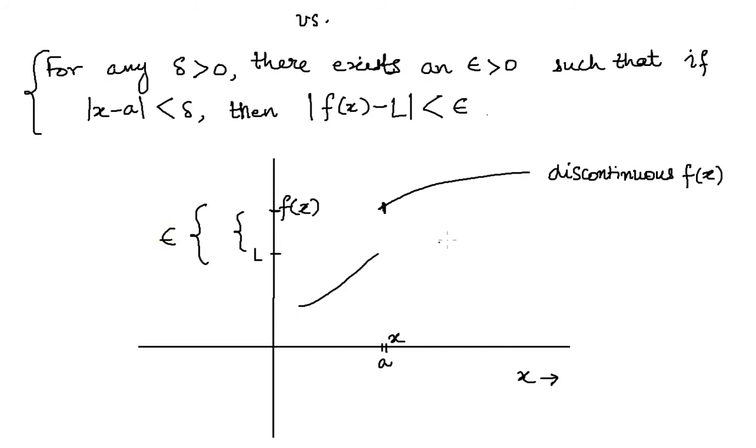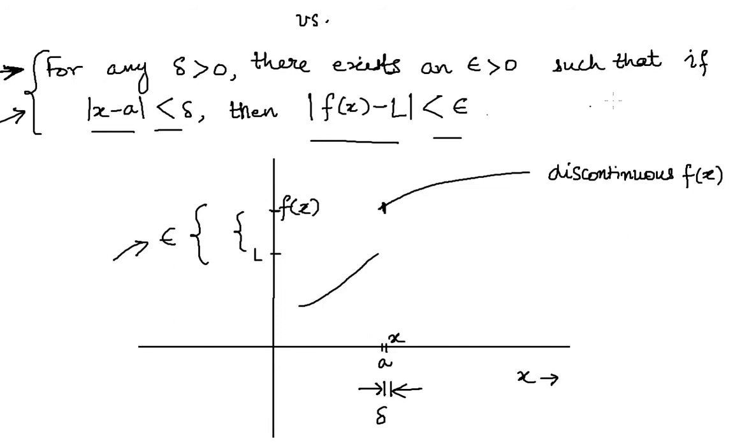So even though the function is discontinuous, if you state the epsilon delta definition of the limit in this manner, it seems to work, right, because for any delta you can find an epsilon here such that if the absolute value of x minus a is less than delta, then the absolute value of f of x minus L is less than epsilon. So if this definition is there, even a discontinuous function seems to have a limit L.